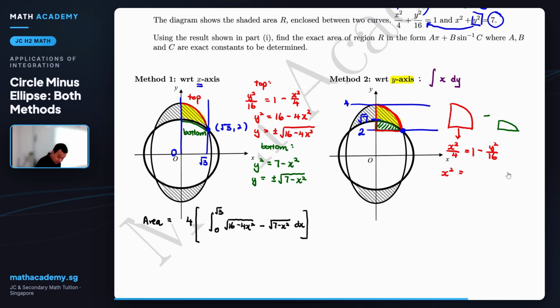Multiply by 4. So x we will get plus minus square root again. Okay, green curve easier, it's the circle equation.